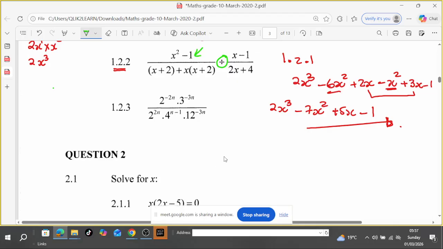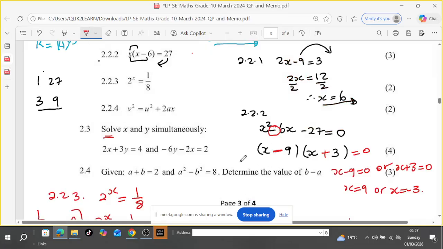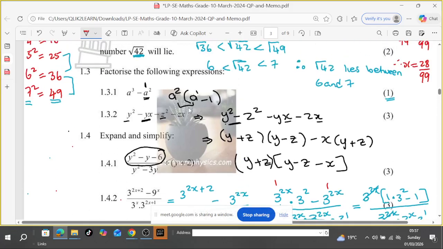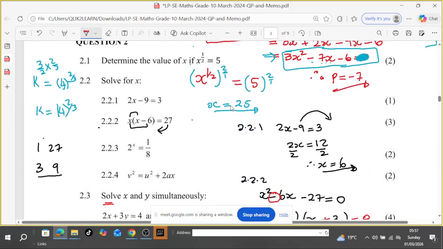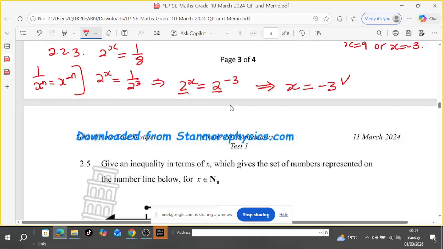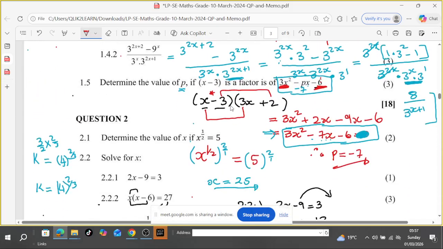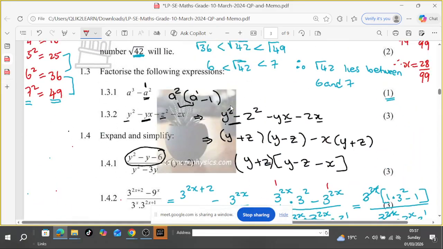When we factorize the top part, remember I just showed you on the previous question paper. Let's go back. Remember we talked about, where is that example? Did we remove the example?